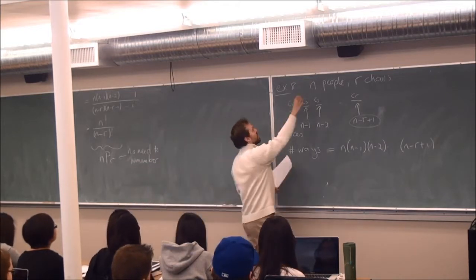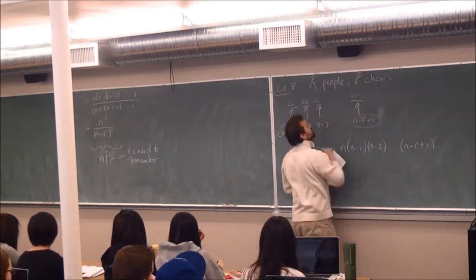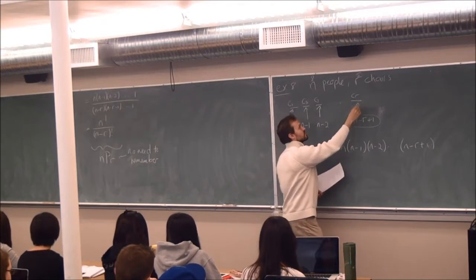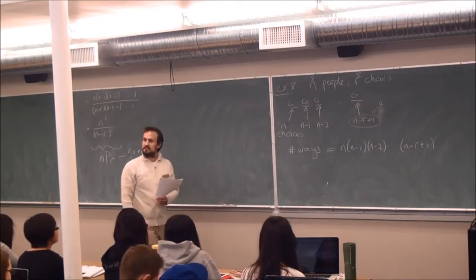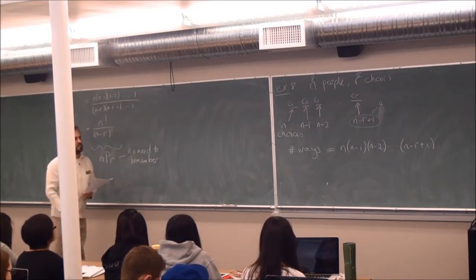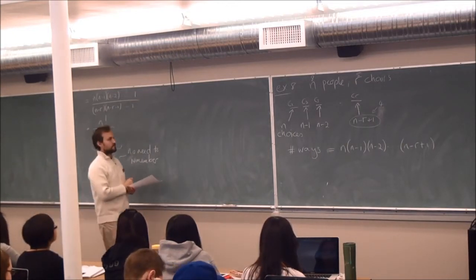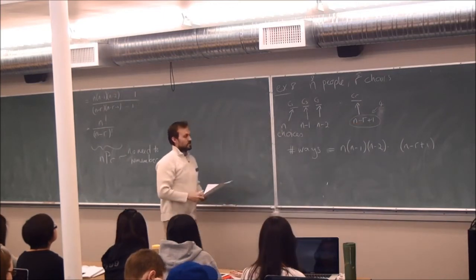When I think of my example where N was 8 and R was 5, it was 8, 7, 6, 5, 4. This was 4. So it's not 8 minus 5, it's 1 more. Don't worry too much about this. I know it's not obvious to everyone.